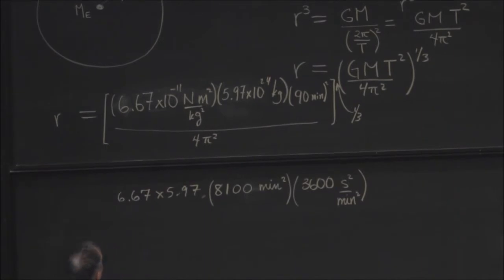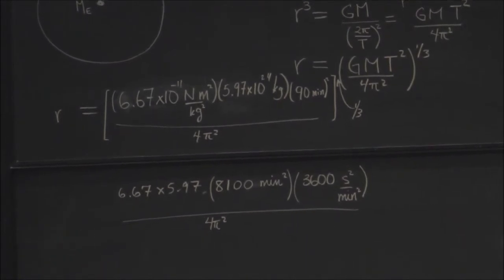Okay, and I need to put over 4 pi squared. I need to pick up my powers of 10. Negative 11 and 24, that makes 13.